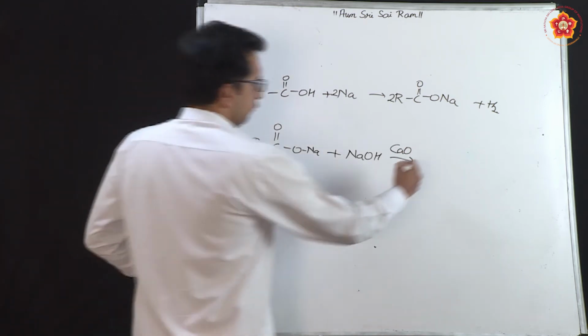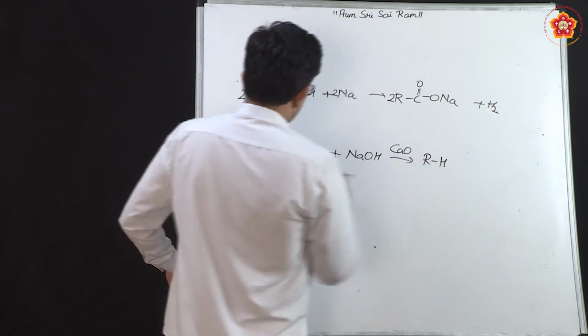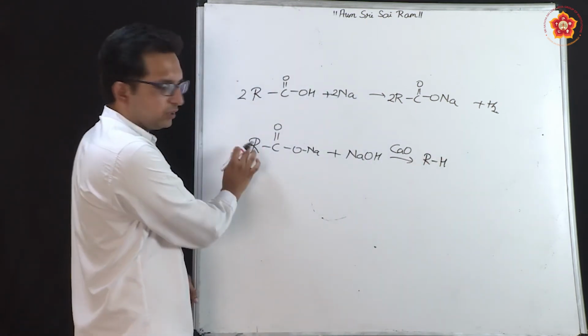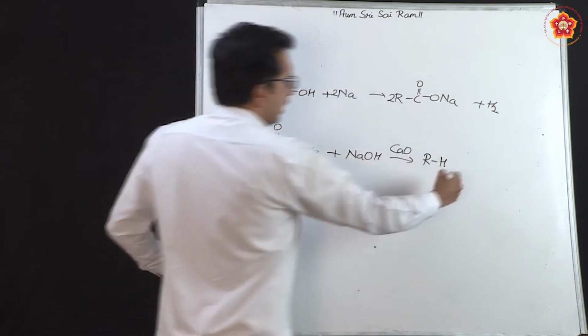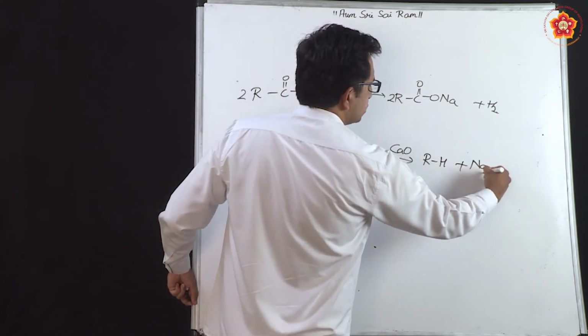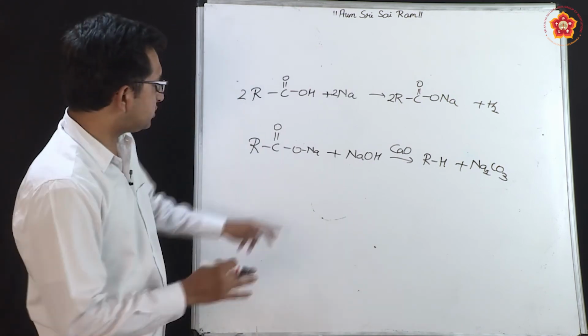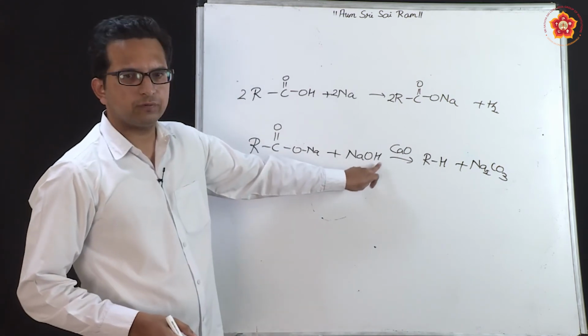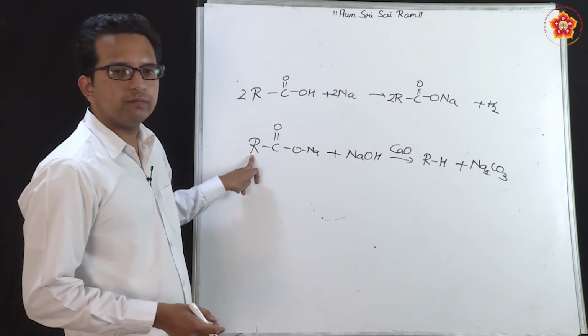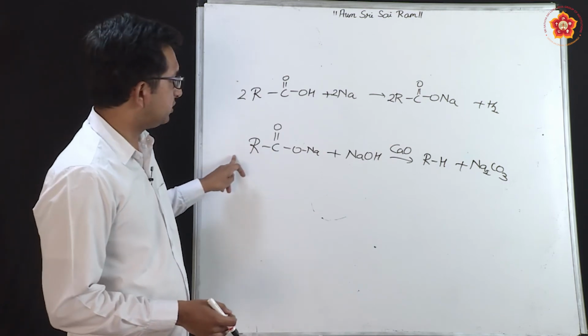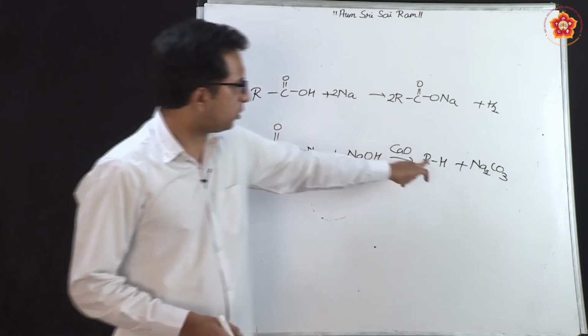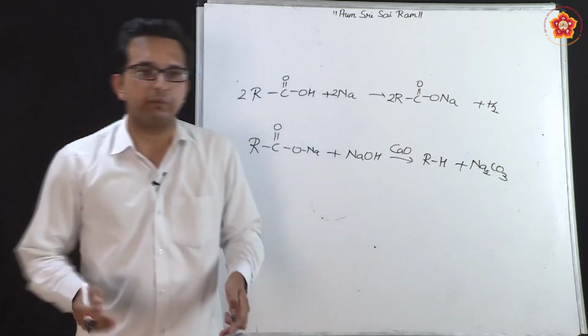Here, the R alkyl group combines with hydrogen, and the byproduct is sodium carbonate, Na2CO3. The hydrogen H plus from this part can combine with the alkyl group present here, and that is how the corresponding alkanes can be formed from carboxylic acids.